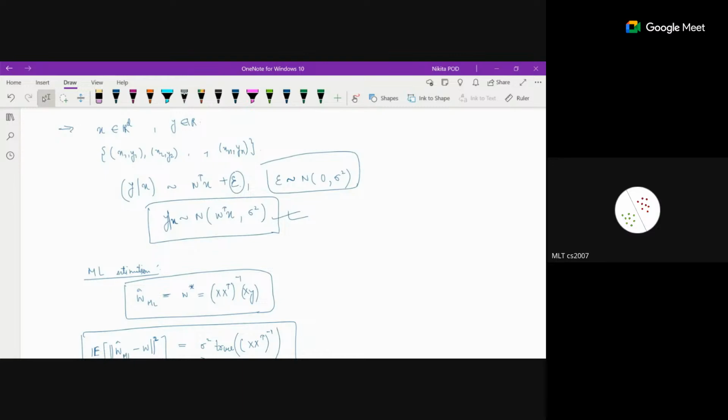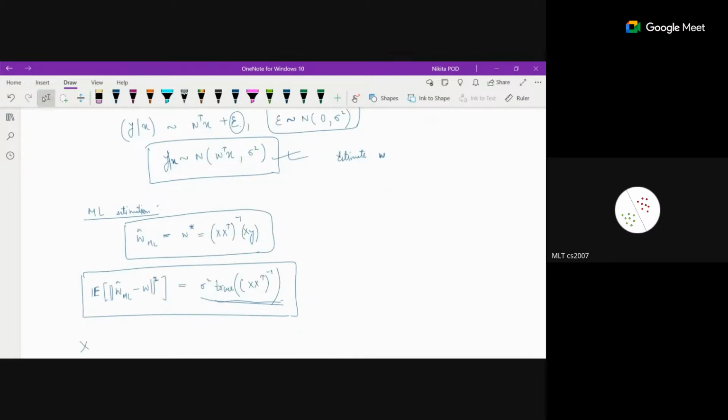When we were doing the estimation, our goal was to estimate this W. In order to estimate this W, we used the ML estimation method, and we found that the solution is the same as the least square error, the same W that we obtained from the least square method.